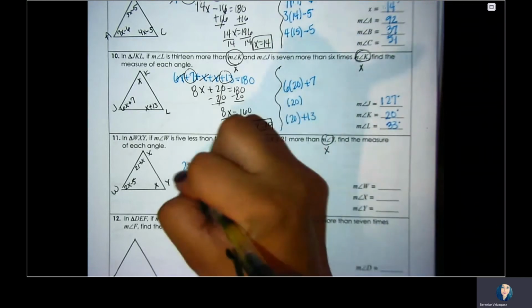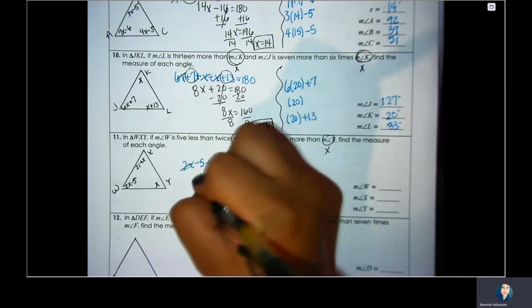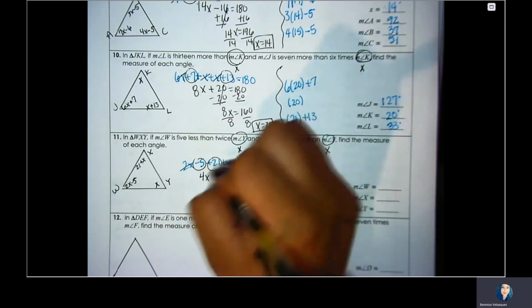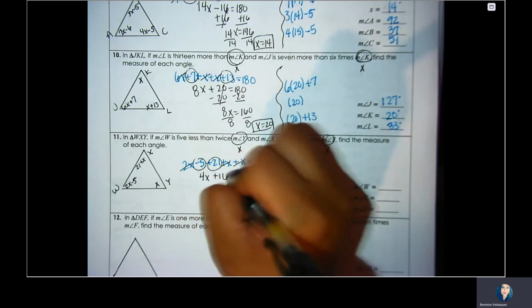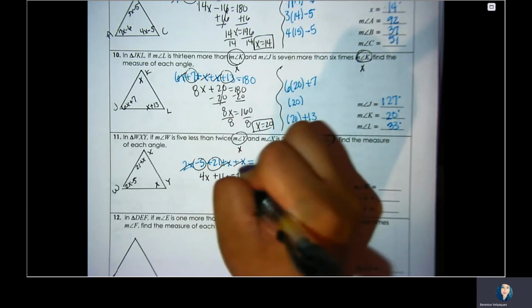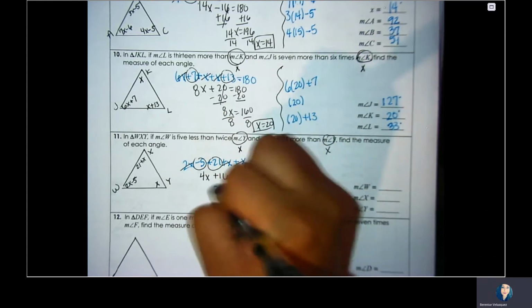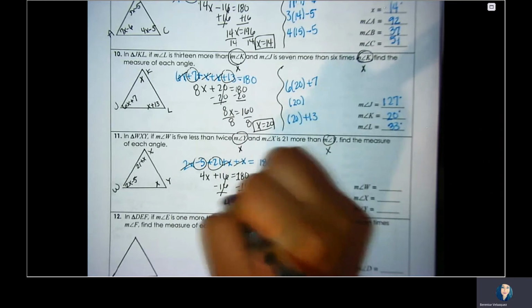I combine my x's first. 2x and x and x. So that's 2, 3, 4. So 4x, and then minus 5 plus 21. So that's 21 minus 5. So it's just going to be plus 16 is equal to 180. Subtract 16. 4x is equal to 164.